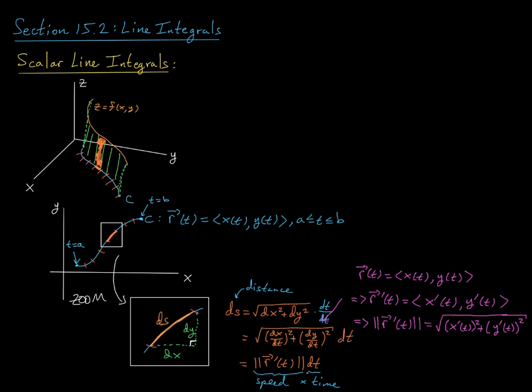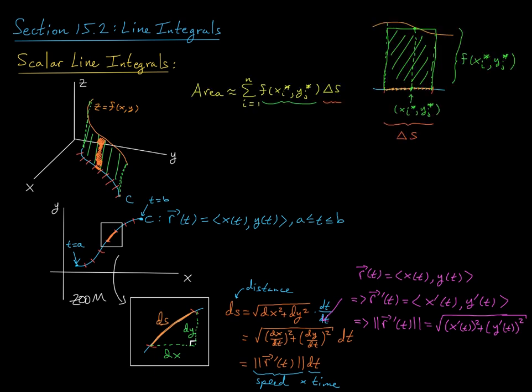Okay, so what am I going to do with that now? Well, again, remember ds is the base of one of these little strips here that we're using to fill out the fence, right? So now what am I going to do?